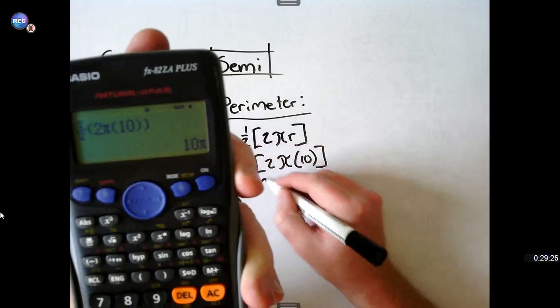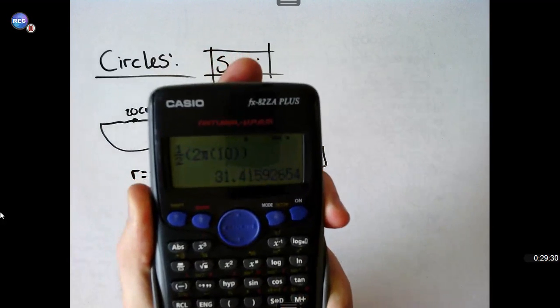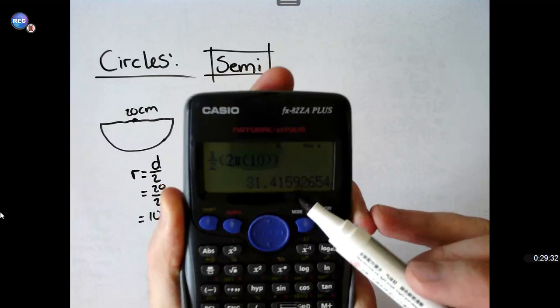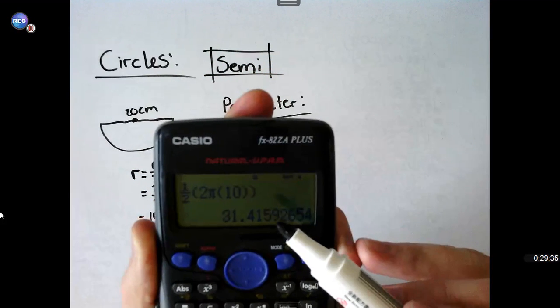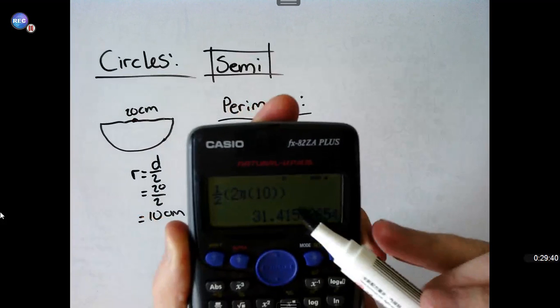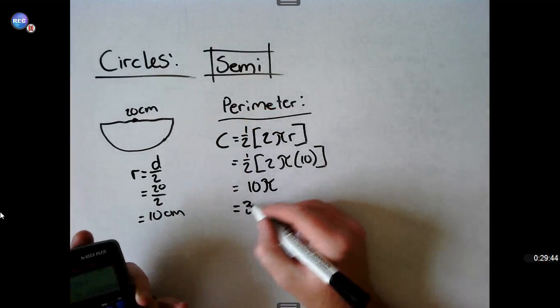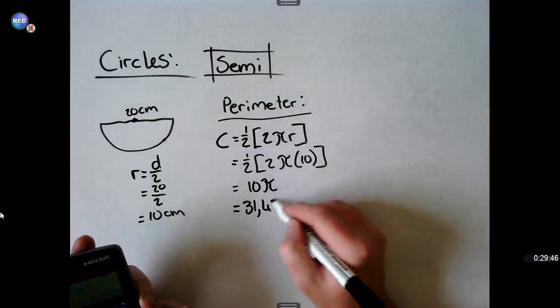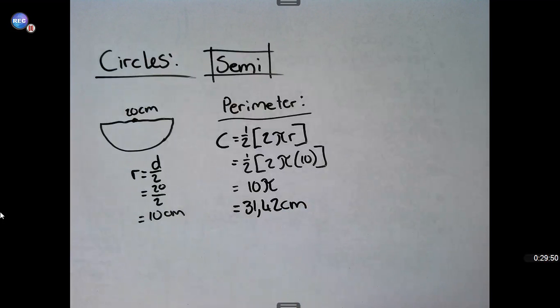So 10 pi, and obviously we press the SD button to give me the decimal display of the answer. So the 5 in the third decimal place is bigger than 4, so we're going to round up the second one to 2. So it will become 31,42, and it will be centimeters in this regard.